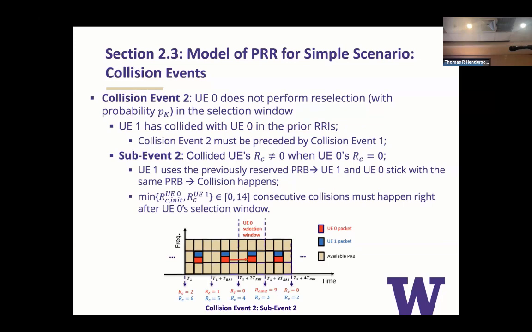UE0 doesn't perform reselection in its selection window, so the collision will still happen. Here the number of consecutive collisions is different from the previous case. At the end of the UE0 selection window, UE0 will initiate an RC, which ranges from 5 to 15.